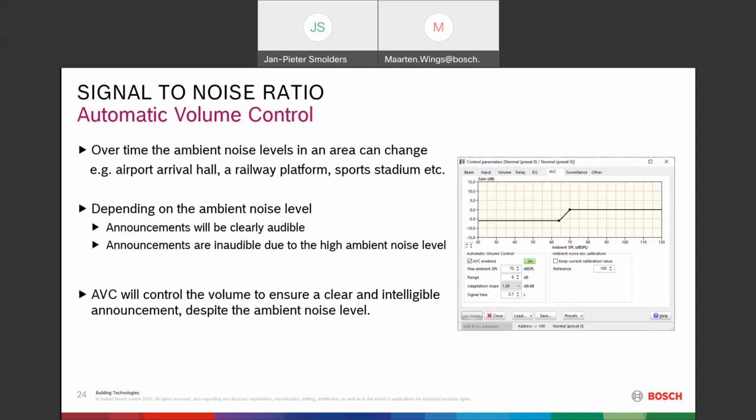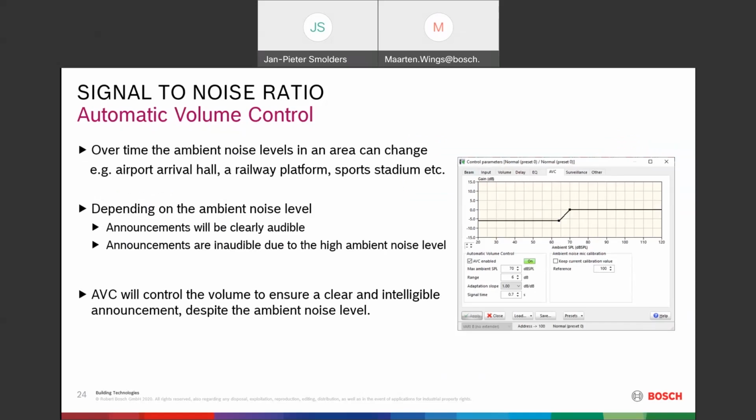There is, for instance, a time that the noise level has to be increased. Otherwise, you might get the situation that the AUC starts increasing and lowering the volume all the time, so you get loud and then less loud.